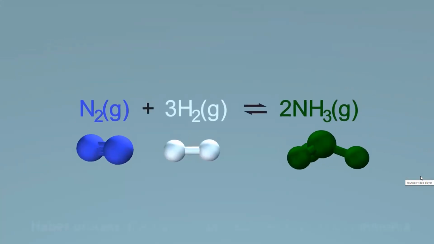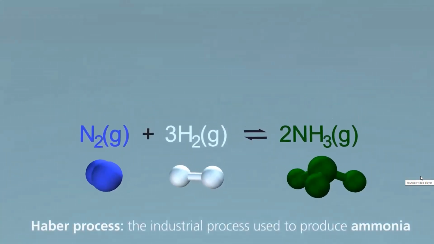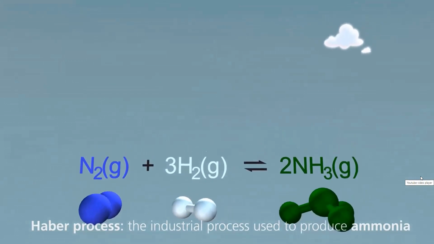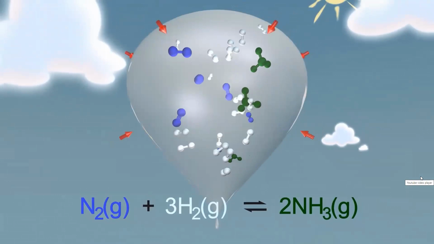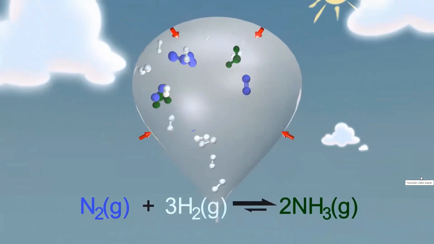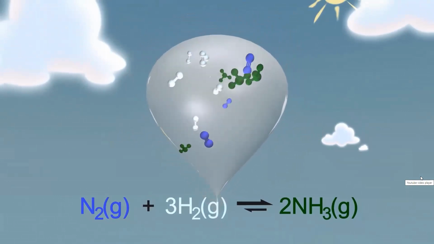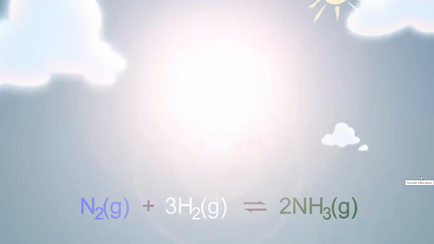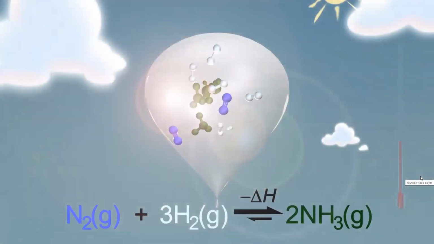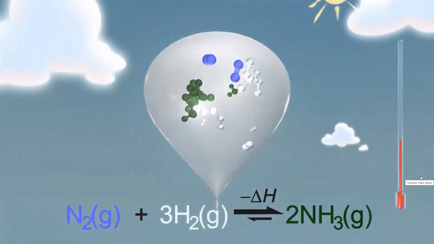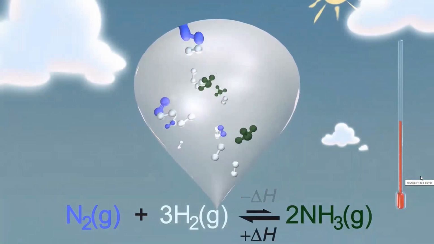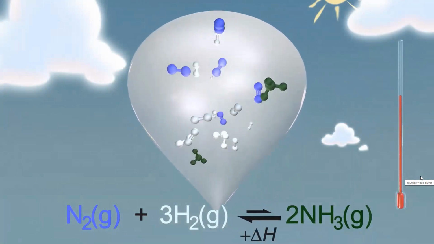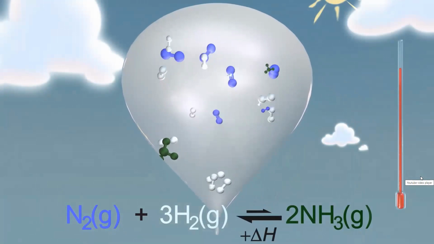Consider the Haber process, in which nitrogen and hydrogen react to form ammonia. Le Chatelier's principle tells us that if the pressure on the system increases, the equilibrium position shifts to the side where there are fewer moles of gas, and hence a lower pressure. The forward reaction is exothermic. Energy is released when ammonia is formed. Increasing the temperature drives the equilibrium position to the endothermic left-hand side, as the system absorbs additional heat energy from the surroundings.